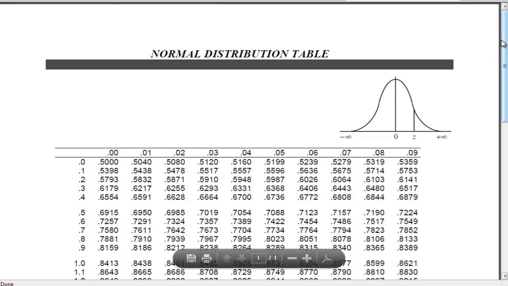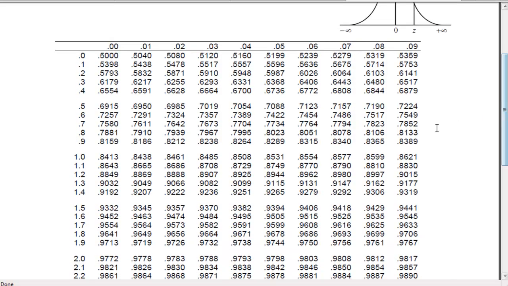And if I look at the normal distribution table, what this gives me is the probability that my normal random variable is less than or equal to a value x. And to do that, I compute its z-score, and then I find this z-score where the ones and the tenths digit is on the left side and the hundredths digit is on the top. So we had a z of 1.25.